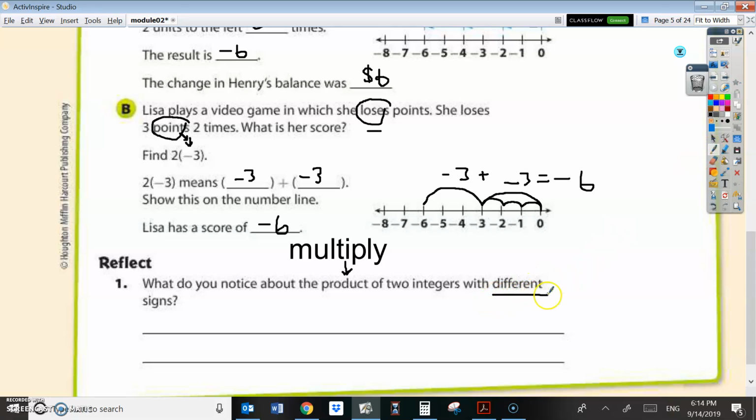Different. Okay, so we know positive times a positive is a positive. Negative times a negative is a positive. We also know that a positive times a negative is a negative, and a negative times a positive is a negative.